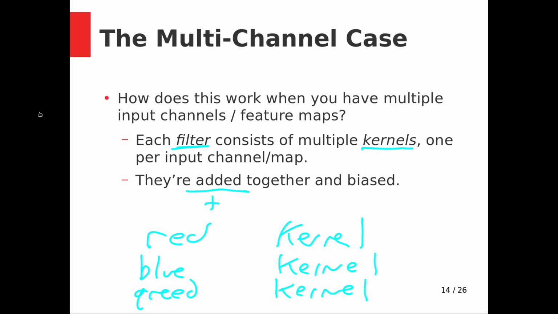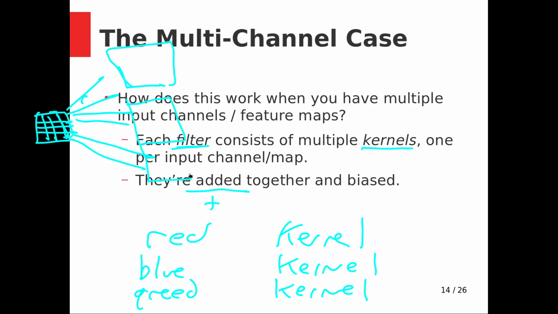So your one filter map in the output will have a red kernel connecting it to the red input, a blue kernel connecting it to the blue input, and a green kernel that's getting slid over the green input, and then they're all summed. And that's how that works in the multi-channel case.